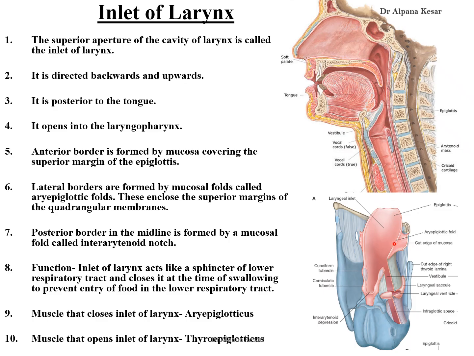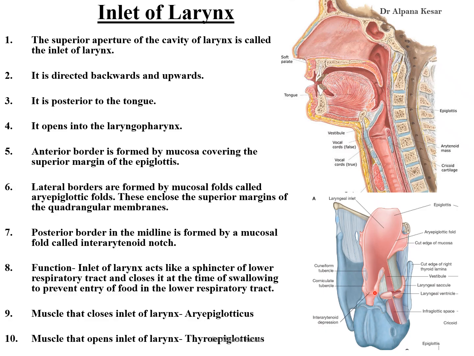The anterior border is formed by the mucosa covering the epiglottis. This is the superior margin of the epiglottis, and the mucosa covering it forms the anterior border of the inlet of larynx. The lateral border of the inlet of larynx is formed by aryepiglottic folds.